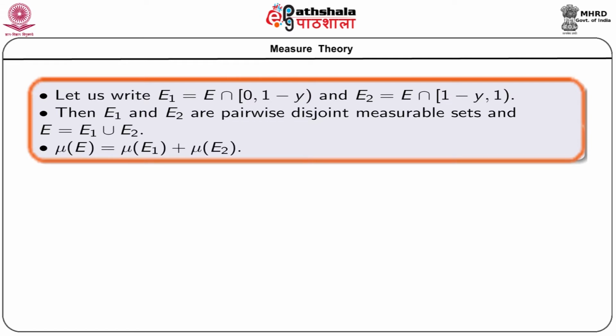Consequently, by the additivity of Lebesgue measure, we have mu of E equal to mu of E1 plus mu of E2.